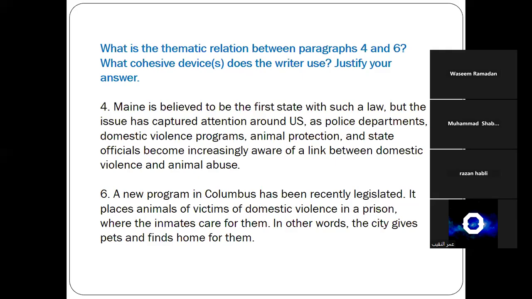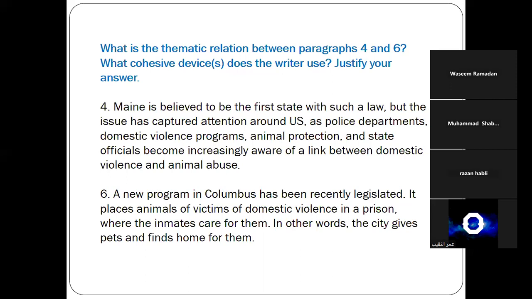So domestic violence is not only about a husband hitting his wife, hitting his sons, or being violent against a certain person inside the house, which might even be a maid. Animal abuse has also been labeled or considered part of domestic violence. Okay, this is in paragraph 4.